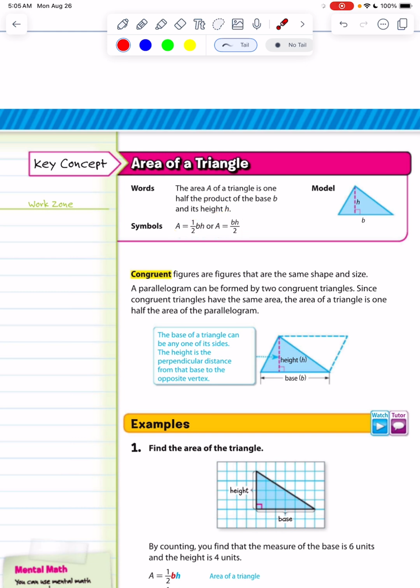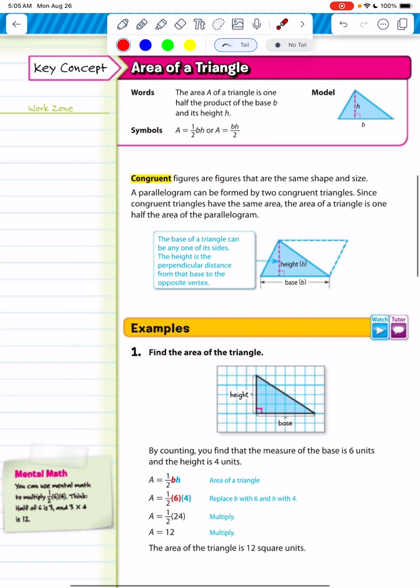This is the important deal. If we multiply the height times the base, we're actually figuring out a rectangle, okay? So that's why we divide by 2 in order to find just the triangle, or parallelogram, technically that one was.